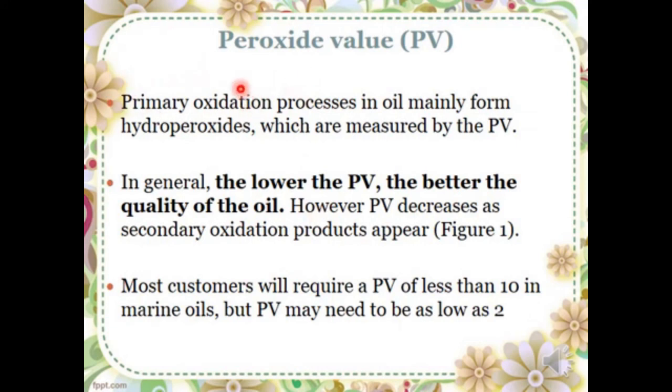So the PV value is mainly from the hydroperoxide. The lower the PV, the better the quality of oil, because when the PV is low, the likelihood of formation of aldehyde, the AV, would be low also, because the PV value leads to formation of aldehyde, the AV value.